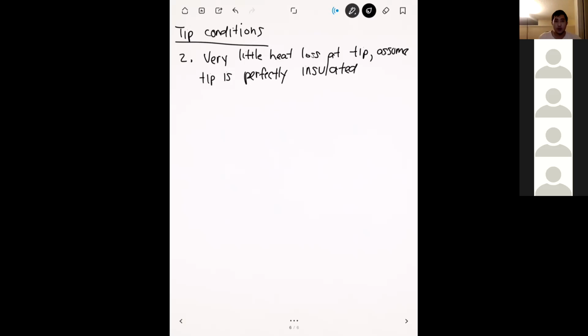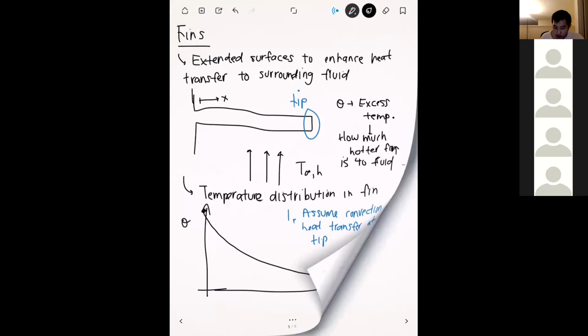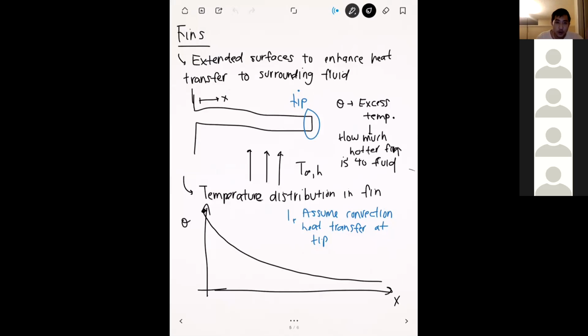Which might seem weird at first, because the whole point of a fin is to enhance heat transfer. So how can we specify a condition where there's no heat transfer at the end of the fin? The motivation comes from the fact that as the temperature decreases in the fin, by the time you get to the end, you're going to have very little heat transfer there anyway, because the tip's temperature usually reaches very close to the fluid temperature.